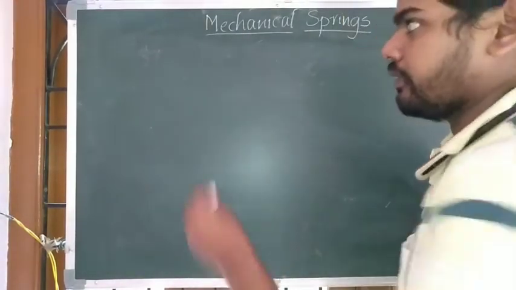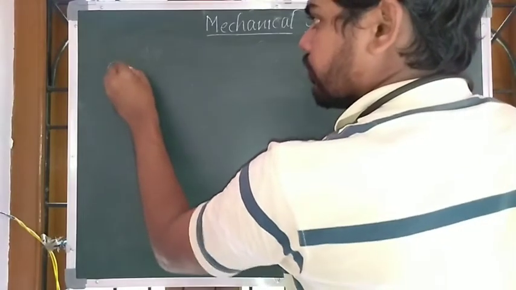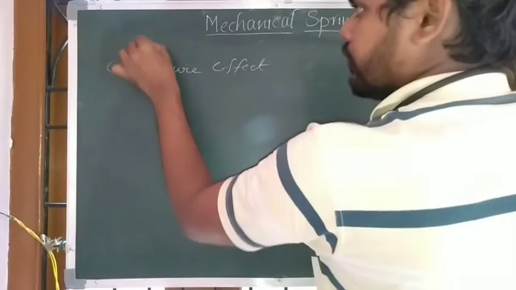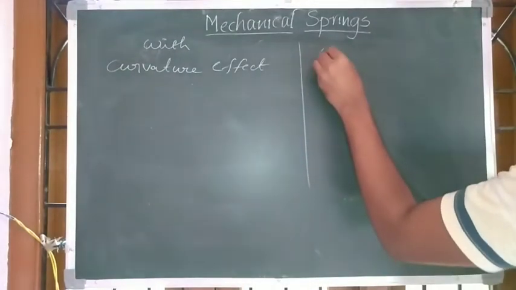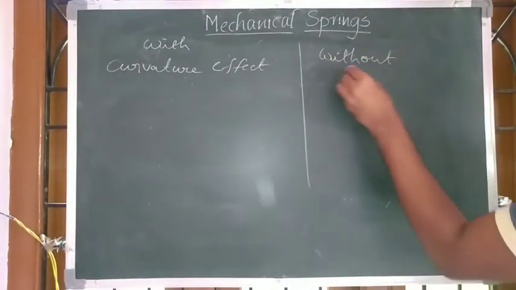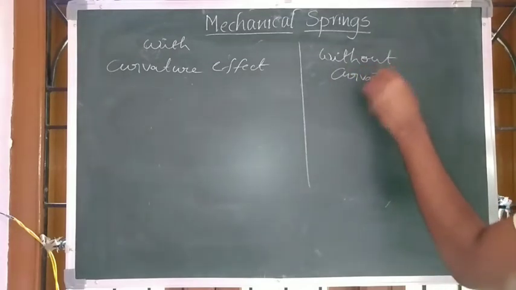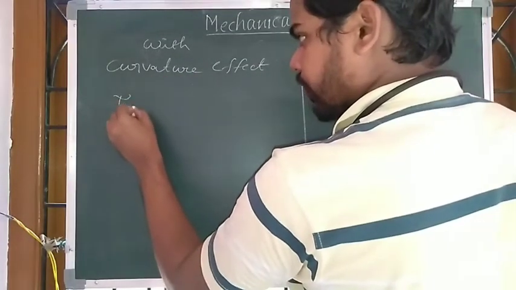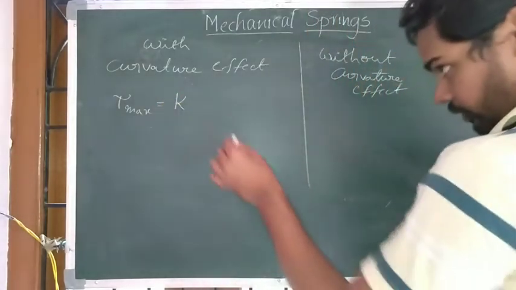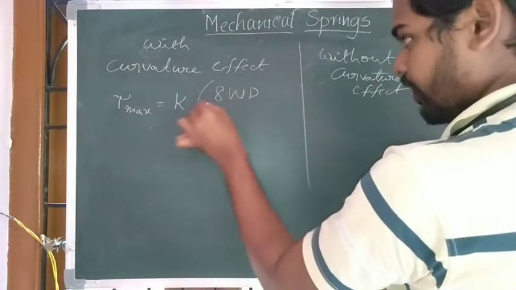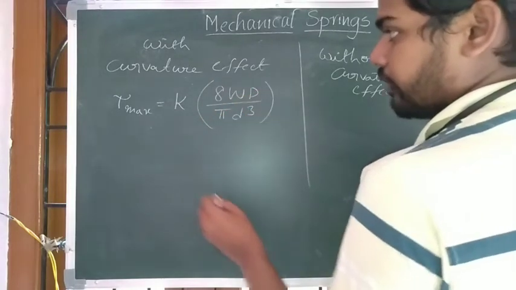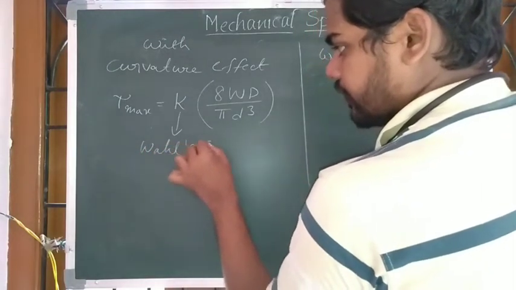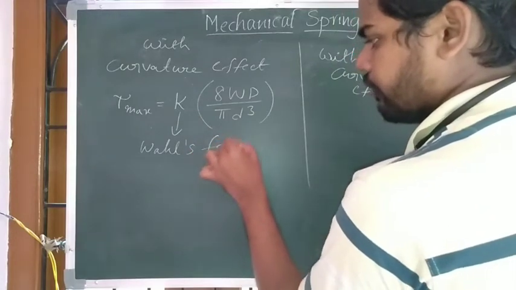So with the curvature effect, maximum shear stress becomes tau maximum is equal to K into 8W capital D by pi d cube, where K is the Wahl's factor.